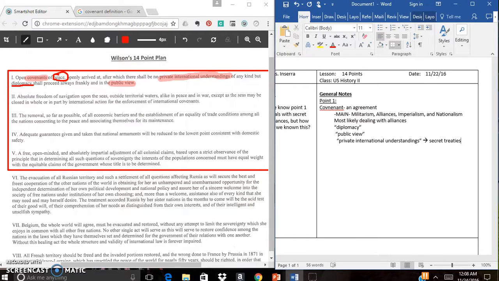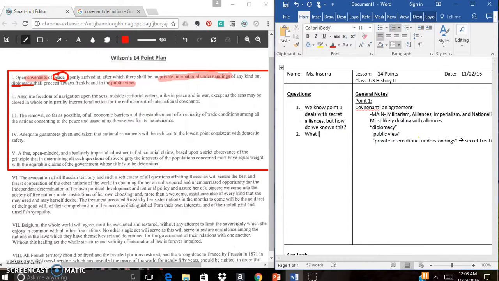So notice, what is point 1 saying? We want to have open covenants of peace that are openly arrived at, no private international understanding. So basically what Wilson is saying is, look, secret alliances caused World War I, therefore, what is Wilson saying? We'll make that another question. What is Wilson saying about secret alliances?